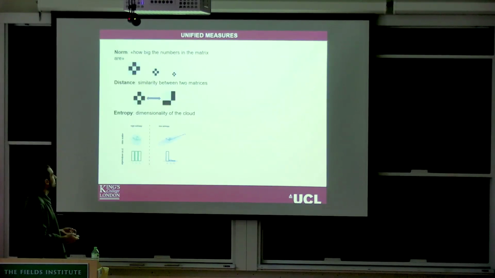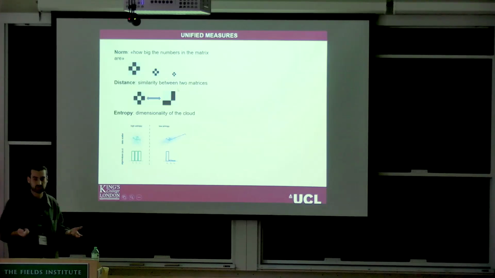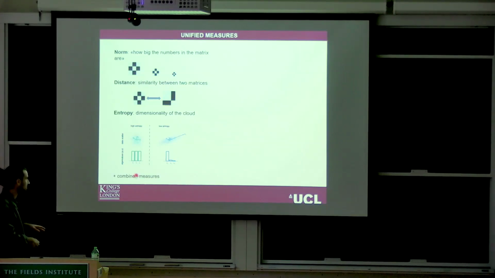Okay, finally, unified measures. So the mathematical part explains that if you take the matrix norm, which this is a not very mathematically wise way of expressing what the norm is, anyhow, it's just graphical intuition, the distance, which is the similarity between two matrices, and the entropy, which is the dimensionality of these matrices or the cloud of points. If you combine these measures, and we also have the combined measures that combine them, you can do a lot of DFC analysis.